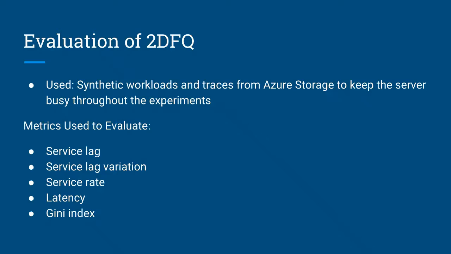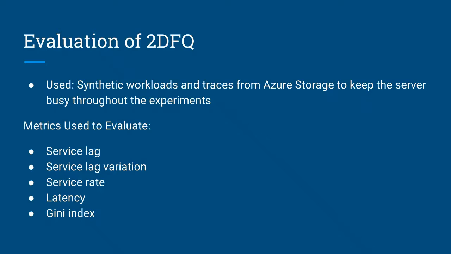The reference in the GPS system is given by the rate of nr, and the service lag variation is the standard deviation of the service lag. Bursty schedules have high service lag variation due to the oscillation in service.